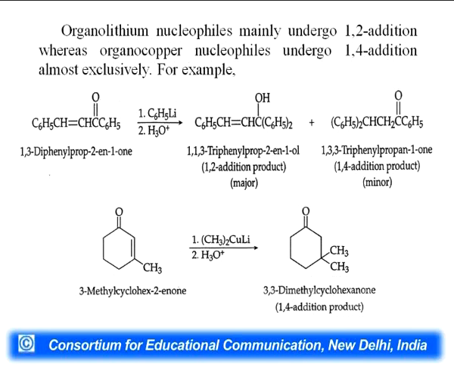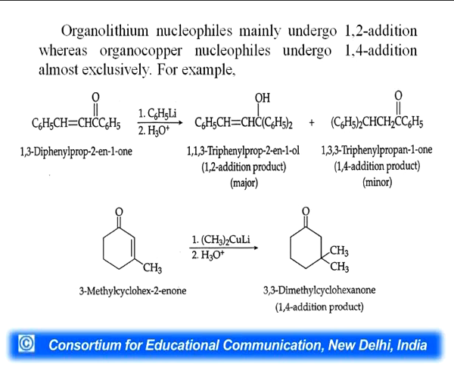Organolithium nucleophiles mainly undergo 1,2 addition, whereas organocopper nucleophiles undergo 1,4 addition almost exclusively. For example, when 1,3-diphenylprop-2-en-1-one reacts with organolithium followed by hydrolysis, it will give the 1,2 addition as the major product. Here is the example.